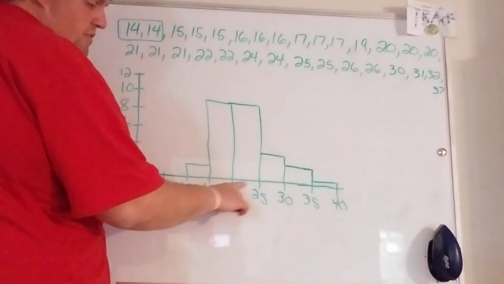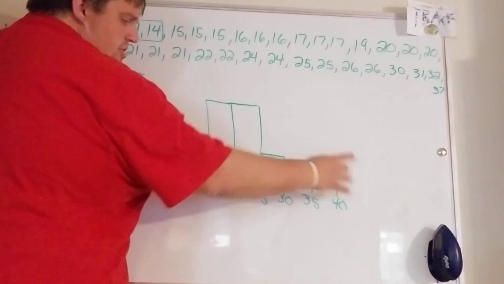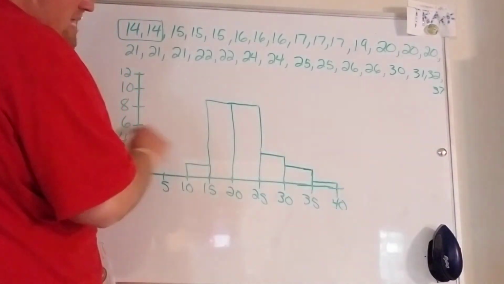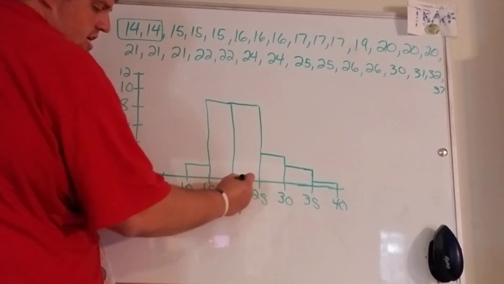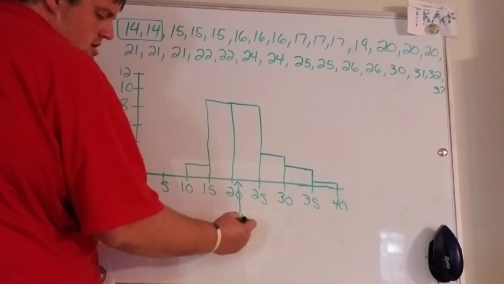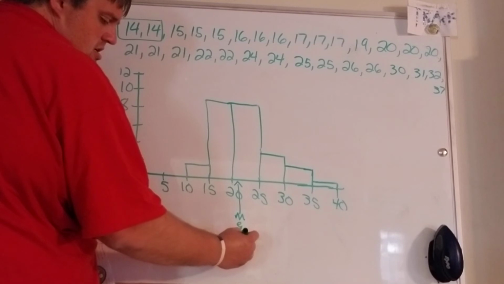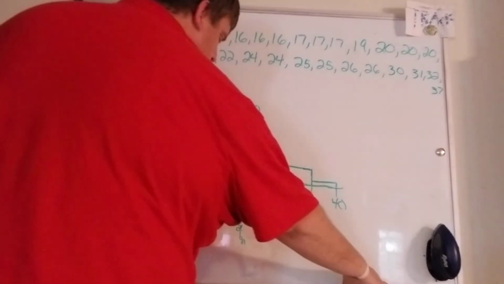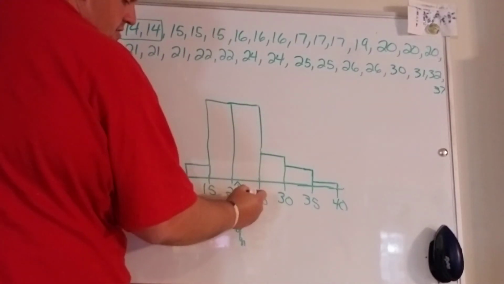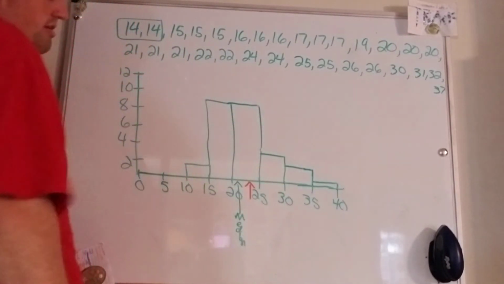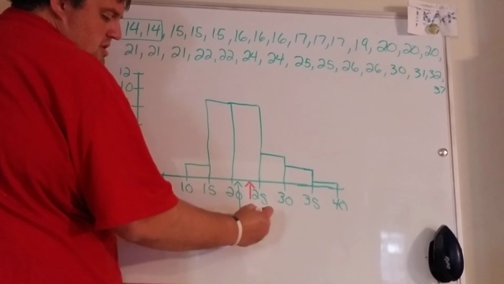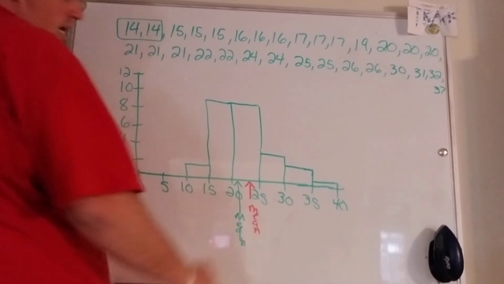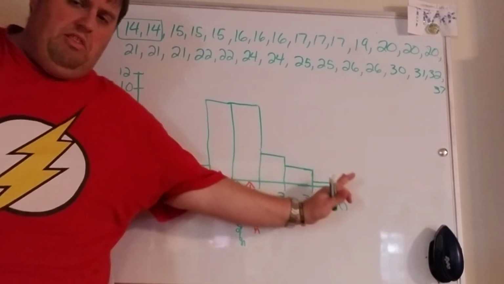However, the average is going to be closer to this way. So if the median is right here, the average, or the mean, will be farther to the right. We'll say somewhere in here, because it's skewed that way.